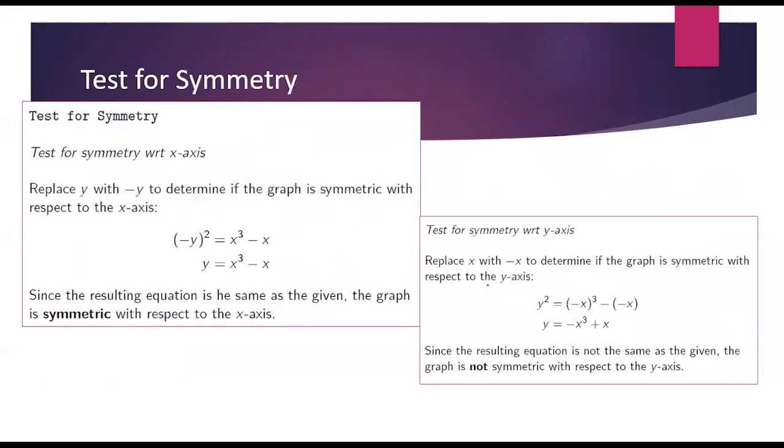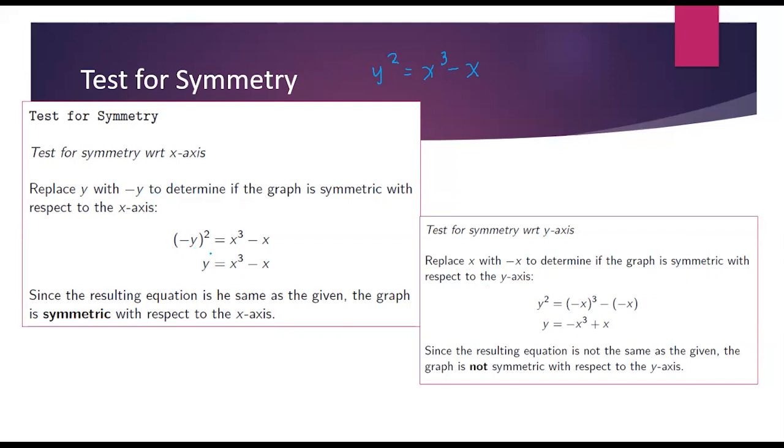Okay, so how about testing for symmetry? With respect to the x-axis, again, you're going to replace y with negative y. So I have the original equation, y squared is equal to x cubed minus x. You're going to replace y with negative y here.